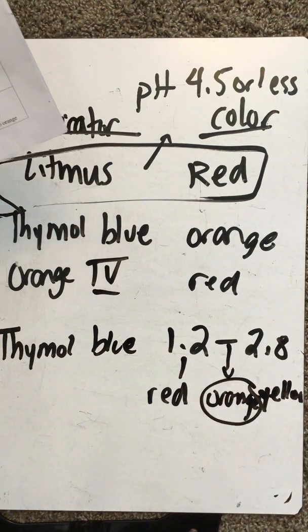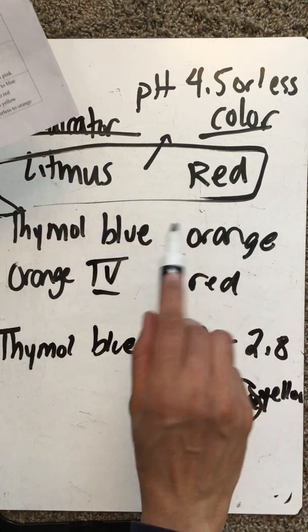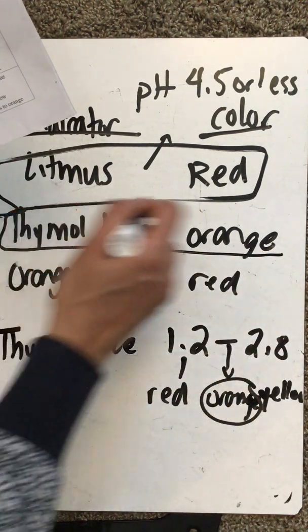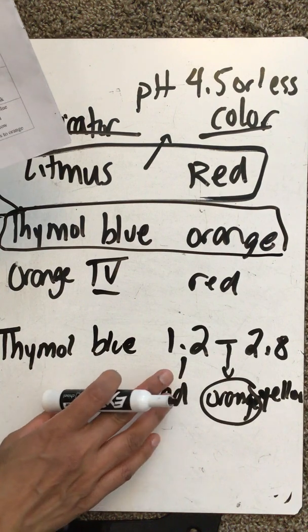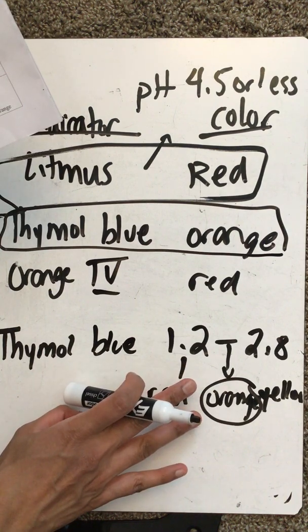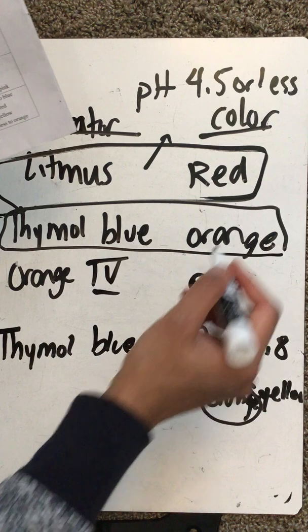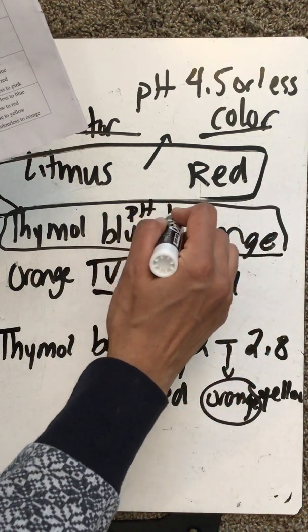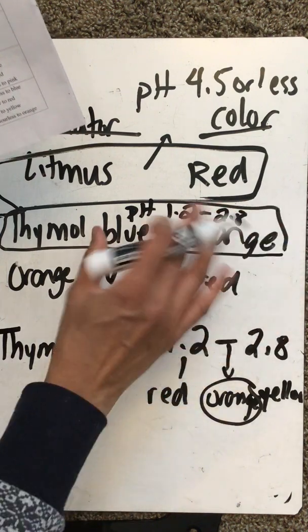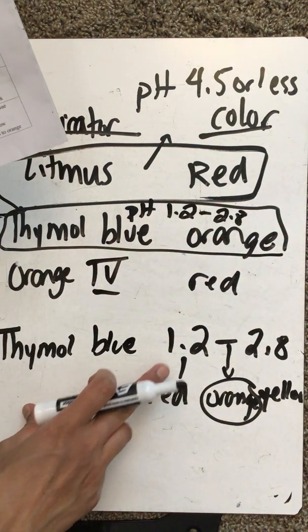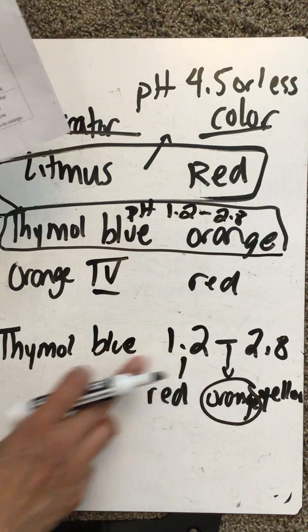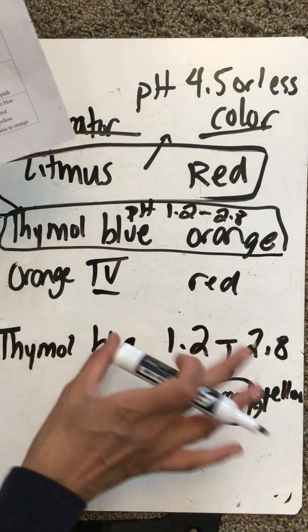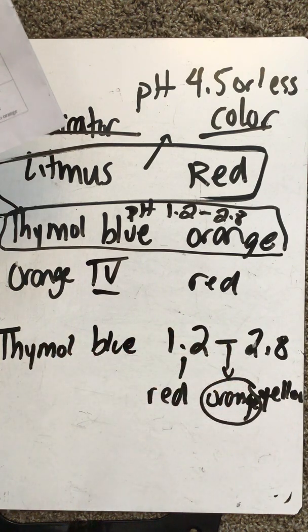So litmus told me the pH is 4.5 or less, and the fact that thymol blue is orange tells me the pH has to be between 1.2 and 2.8. Anything 1.2 or less will be red, anything 2.8 or more will be yellow, so it has to be in between this range of 1.2 and 2.8.